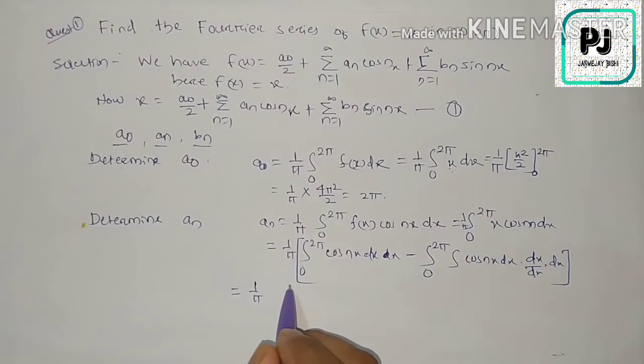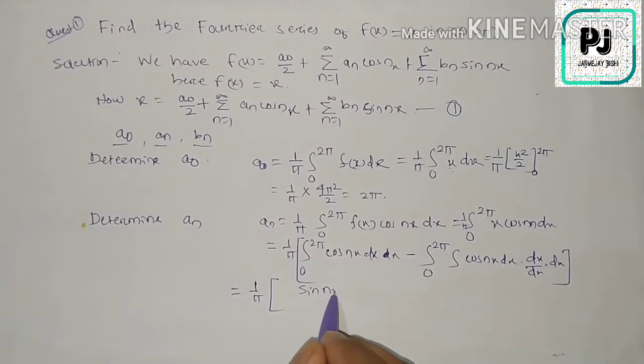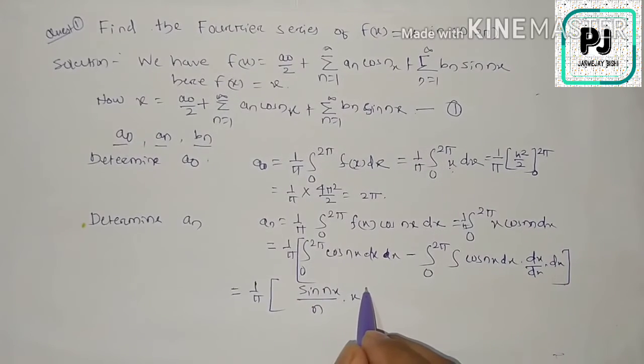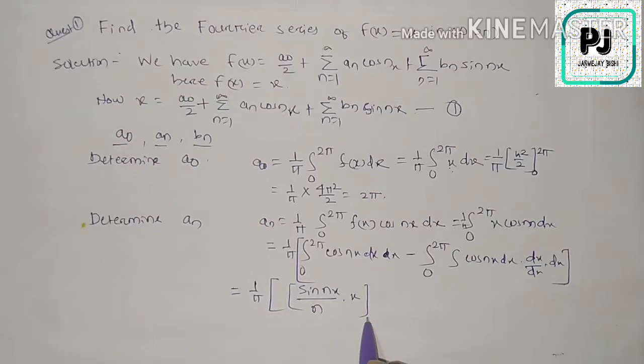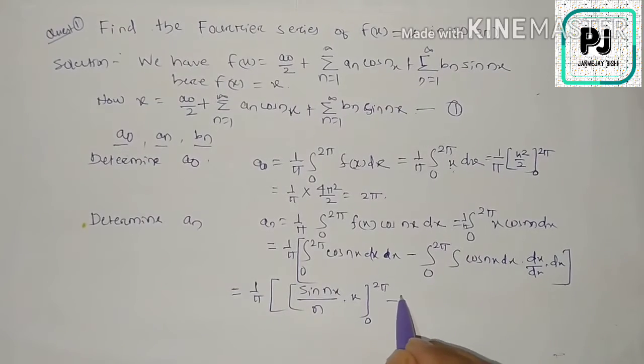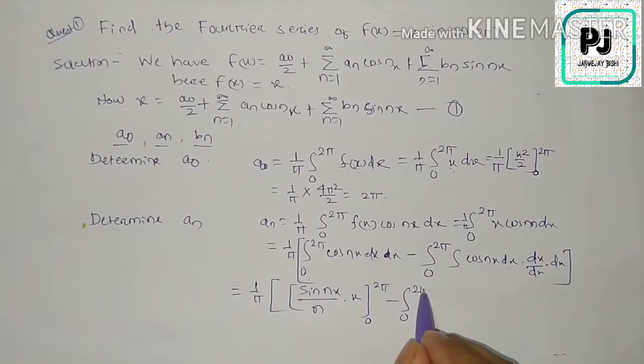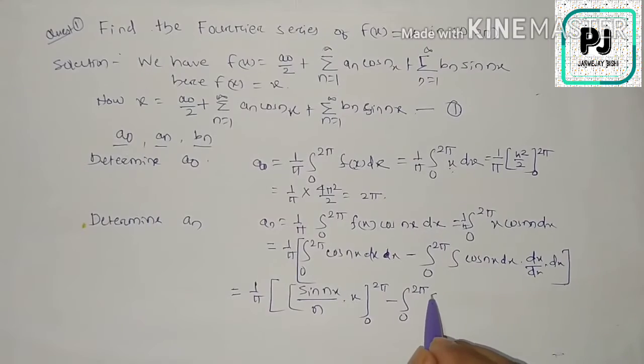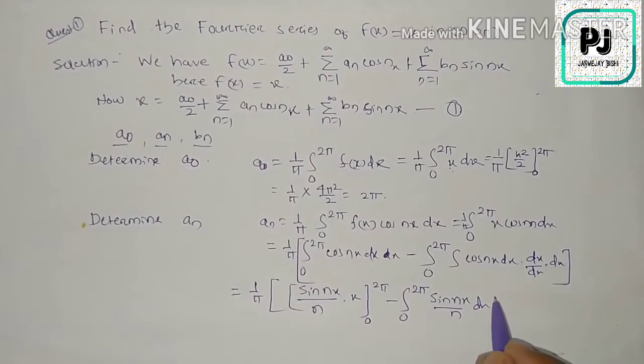So 1 by pi, bracket, integration of cos nx is sin nx by n, and x. Now definite integral from 0 to 2 pi, minus 0 to 2 pi, sin nx divided by n, dx equal to 1.